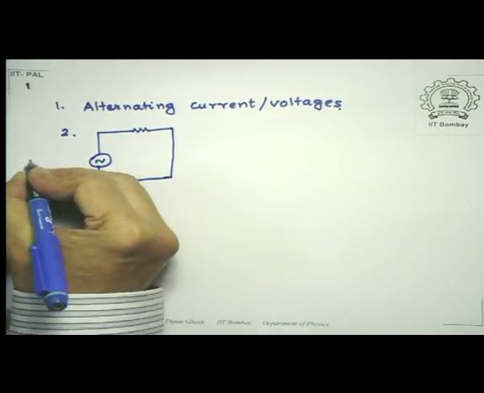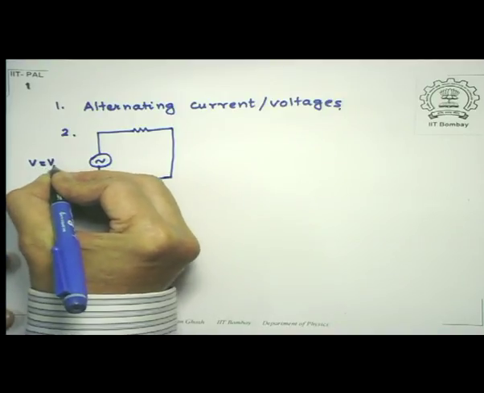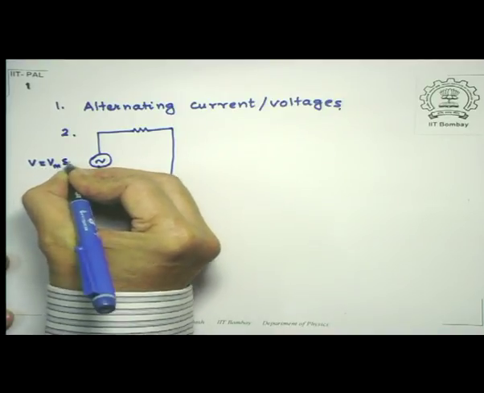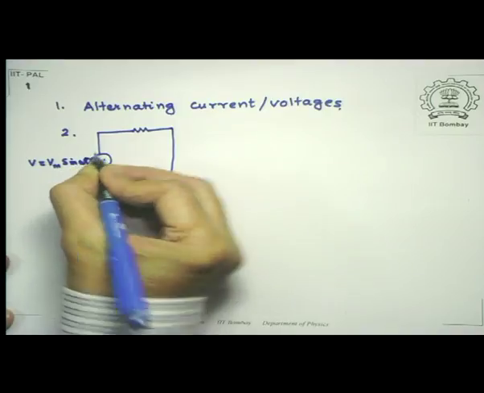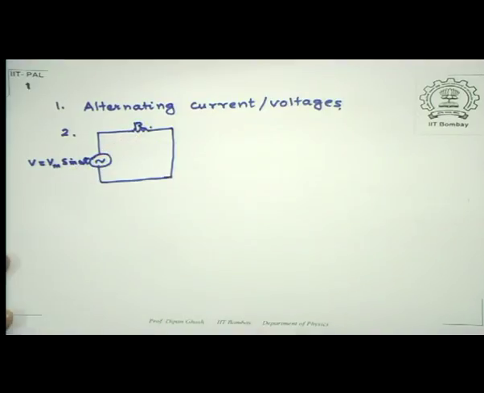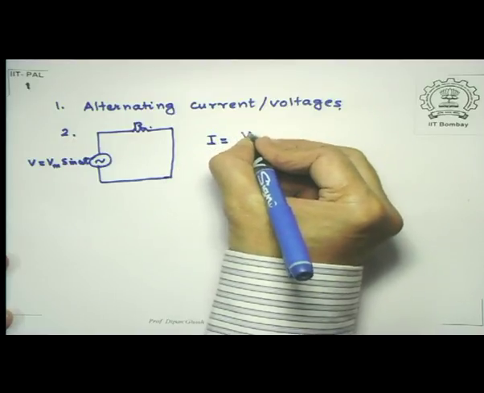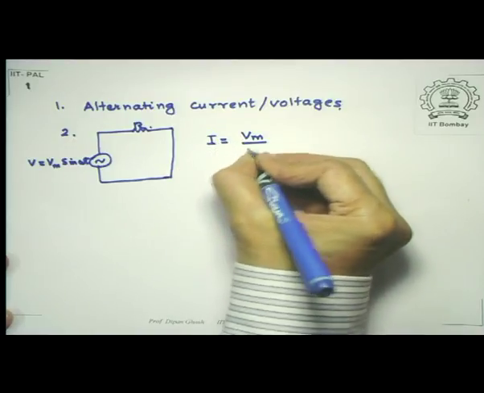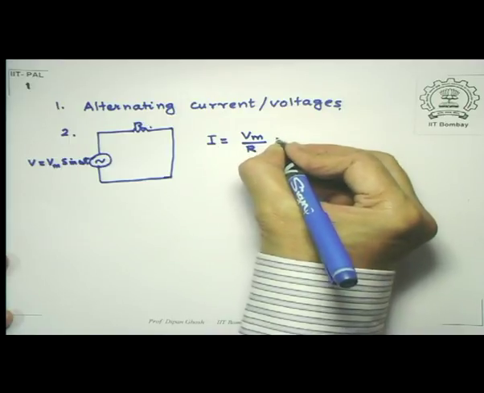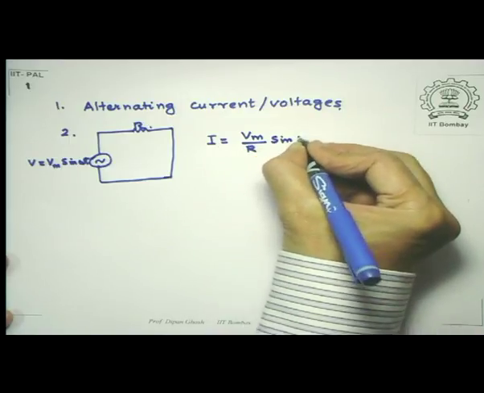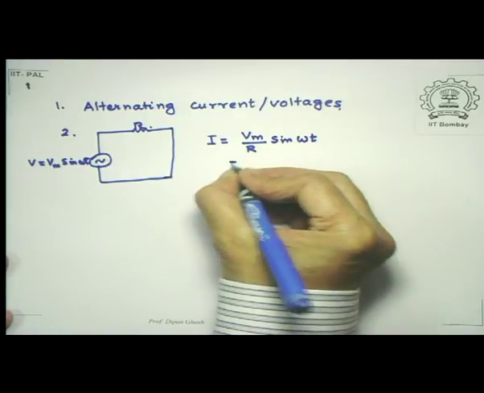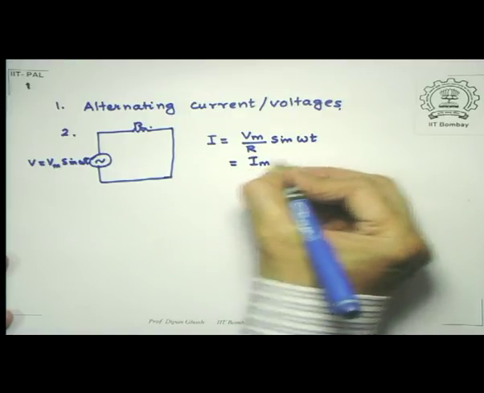This time variation was sinusoidal, V equal to V max sin omega t, and this is the resistance R, and the current I is then given by the standard expression for Ohm's law, which is V by R. So in this case it is given by Vm by R sin omega t, which we write as I maximum times sin omega t.